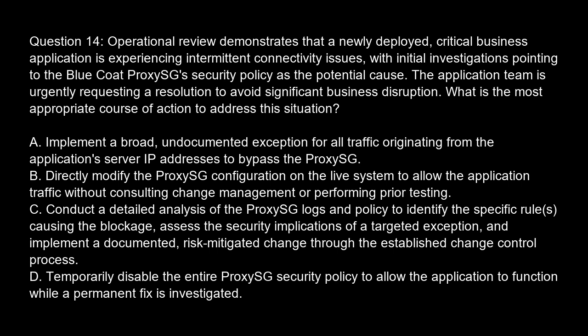Option C. Conduct a detailed analysis of the ProxySG logs and policy to identify the specific rule causing the blockage, assess the security implications of a targeted exception, and implement a documented, risk-mitigated change through the established change control process. Option D. Temporarily disable the entire ProxySG security policy to allow the application to function while a permanent fix is investigated.